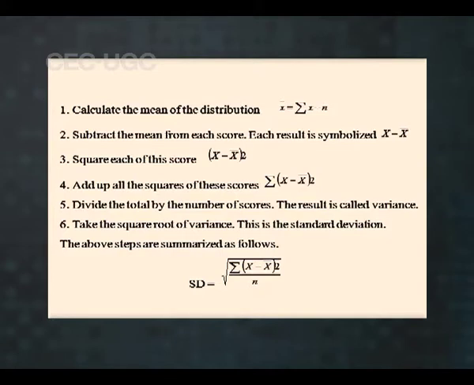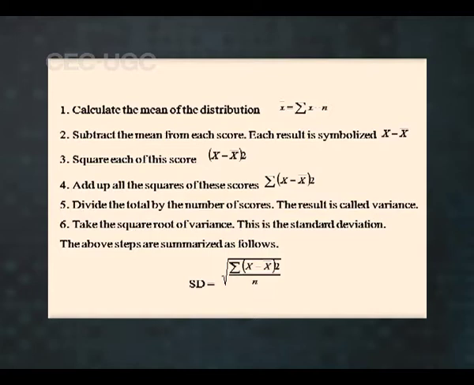First, calculate the mean of the distribution, that is, x bar is equal to sigma x divided by n. Then subtract the mean from each score. Each result is symbolized x minus x bar. Square each of the scores, namely x minus x bar the whole square.